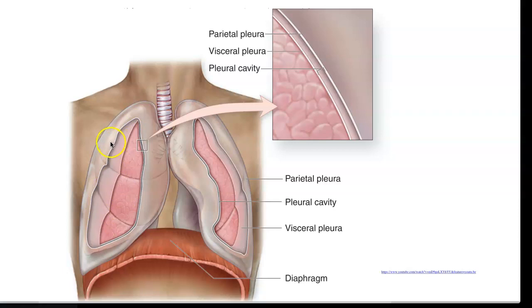And in between the parietal and visceral pleura is going to be the pleural cavity, where we are going to be having our serous fluid, our lubricant. That is going to be the pleural cavity, that space in between these two layers. Now I have a video that's showing you more of a 3D representation.